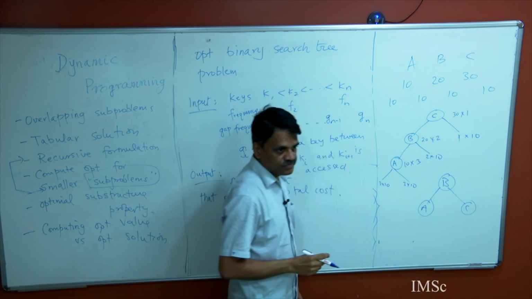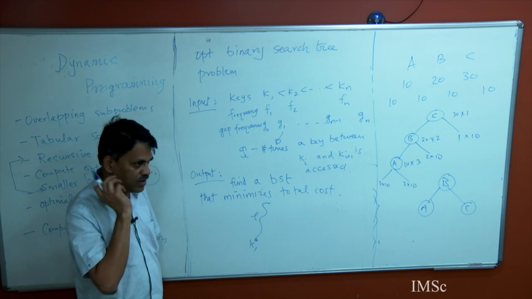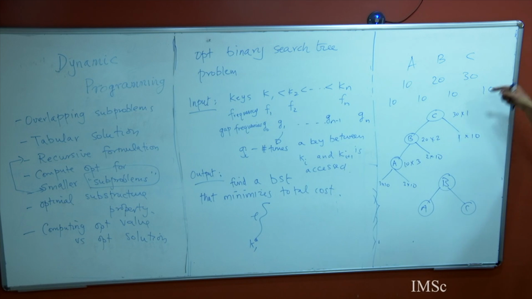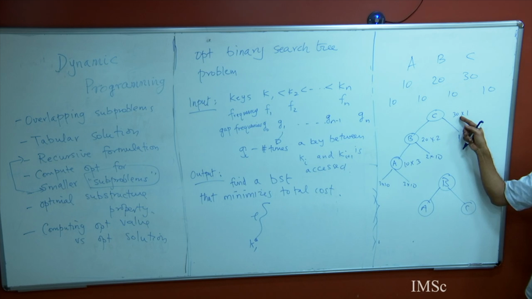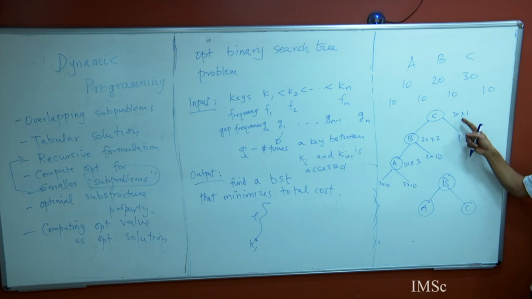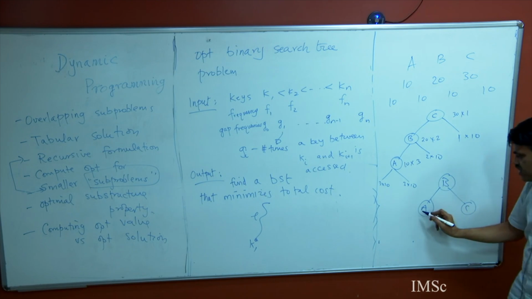That will be the cost for these gaps. There are 4 gaps, right, because C is accessed 30 times and all the 30 times I go in one comparison, I will find the answer. So, the total search cost for searching C would be 30 into 1 and 20 into 2 and so on and so forth. Okay. So, you add this cost. Similarly, you add the cost here.